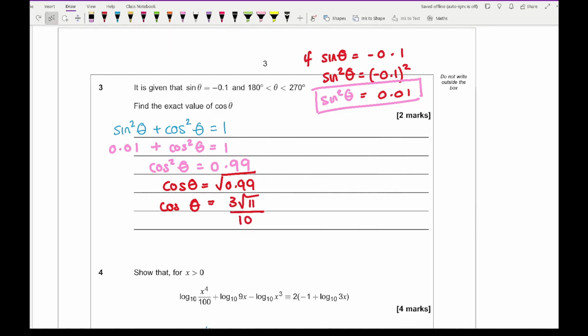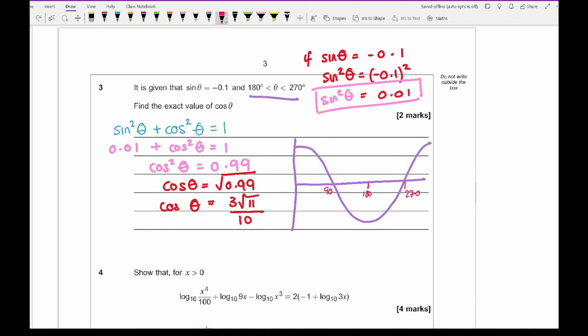Now in the question it also says that theta is between 180 and 270. So if I just quickly draw the cos graph, which looks something like this, I know that when cos theta equals 3 root 11 over 10, I'm going to be looking at the negative value, because from this we're looking at 90, then we're looking at 180, and then we're looking at 270.